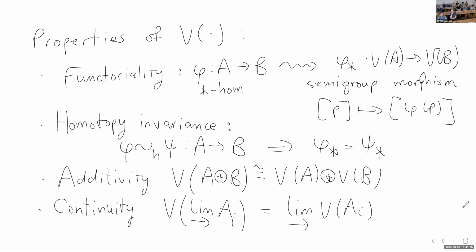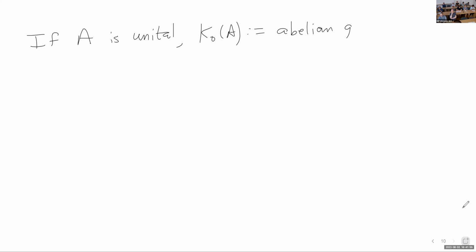So if A is unital, K0 of A is the abelian group generated by P(A), by which I mean the Grothendieck construction.